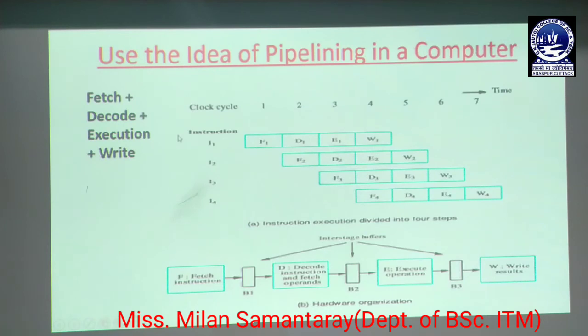Then let us see another example, where we are using 4 phases: fetch, decode, execution and write. In the previous example we were using only 2 phases, fetch and execution. So, here you can see the work is divided into 4 steps, that is our fetching operation, decoding, executing, and writing into the memory.